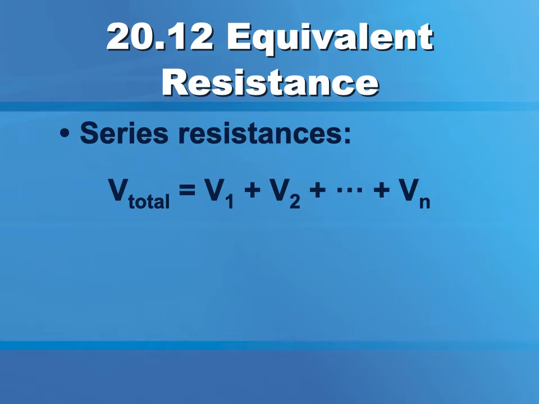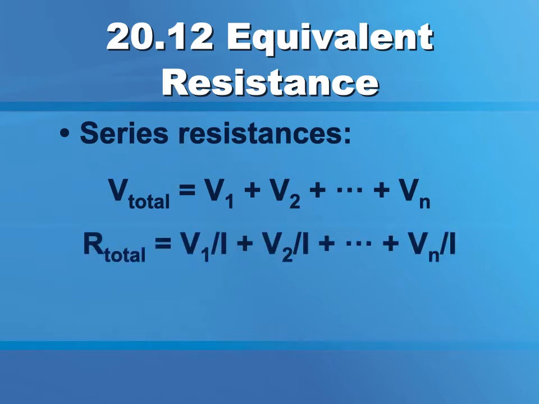Now the total resistance, if you divide everything by current, then you get resistance on the left side, and you get each voltage divided by current on the right side, which means the total resistance equals the resistances added up.